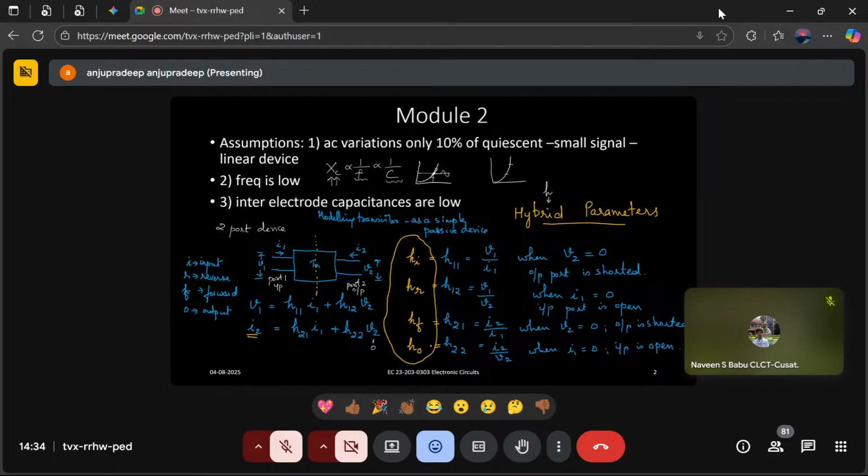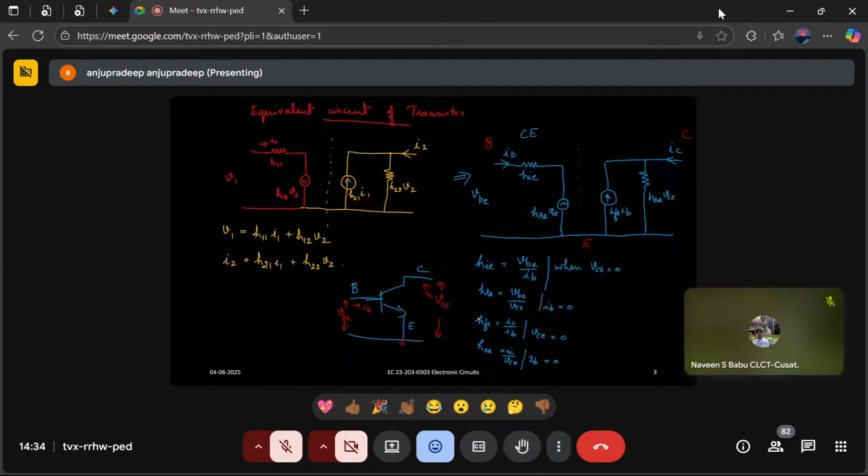So the units of all these parameters are entirely different. The first one is in ohms, and the last one is in mho, that is 1 by ohm, and the other two are ratios of currents and voltages, so there is no unit at all. So it's a mixture of things, so you call it hybrid.